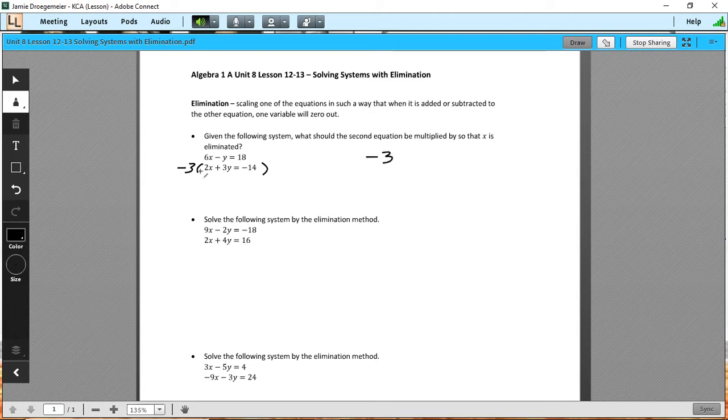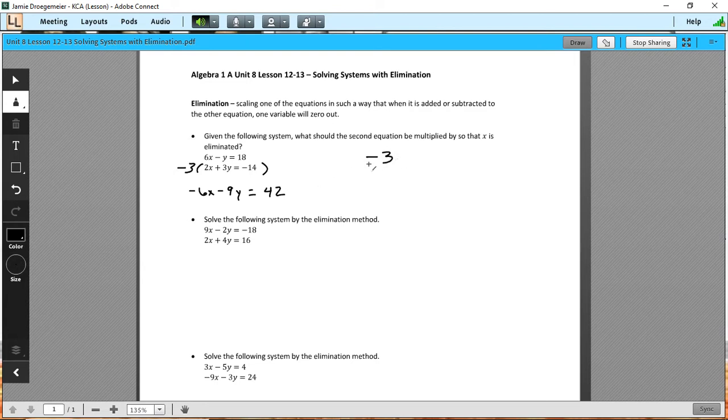And so if I take a negative 3 times 2x, I get negative 6x. Negative 3 times positive 3y would be negative 9y. And then negative 3 times negative 14, that would be a positive 42. And so then I could add this first equation and my new equation together. And when I do that, my x variable would zero out.